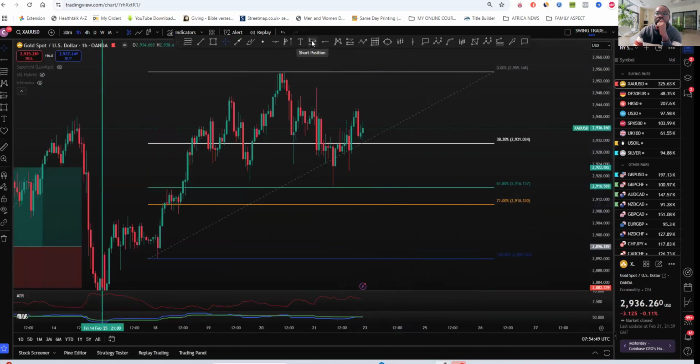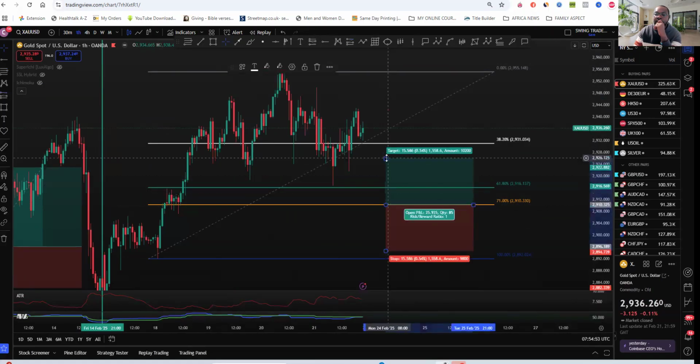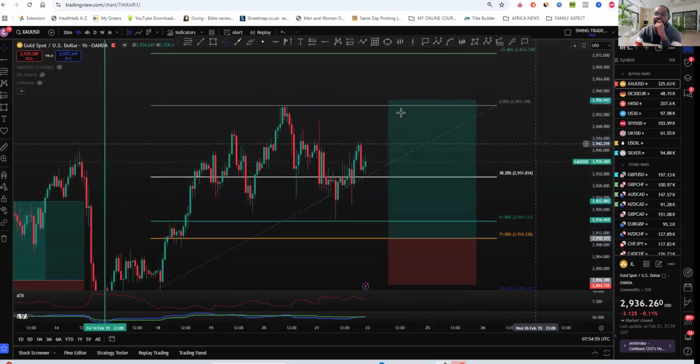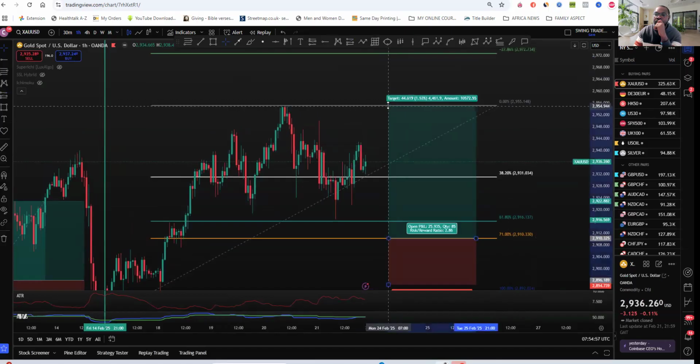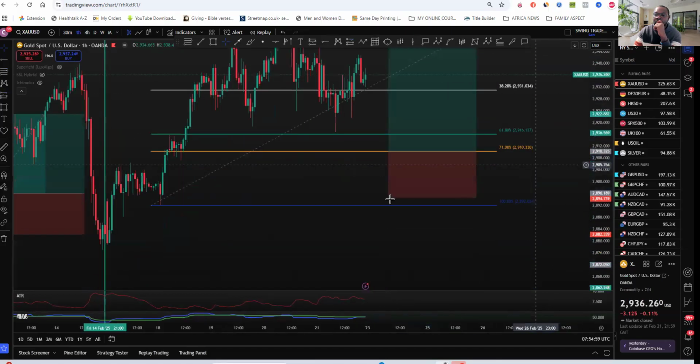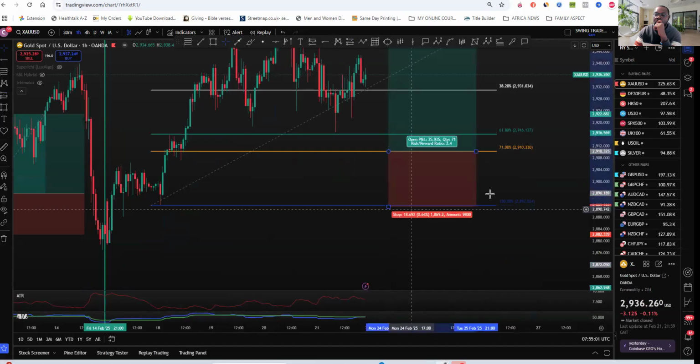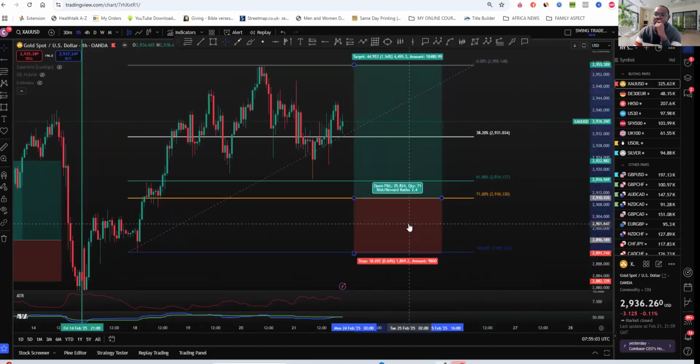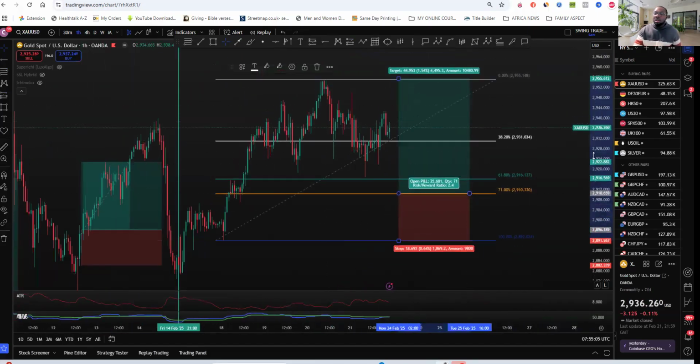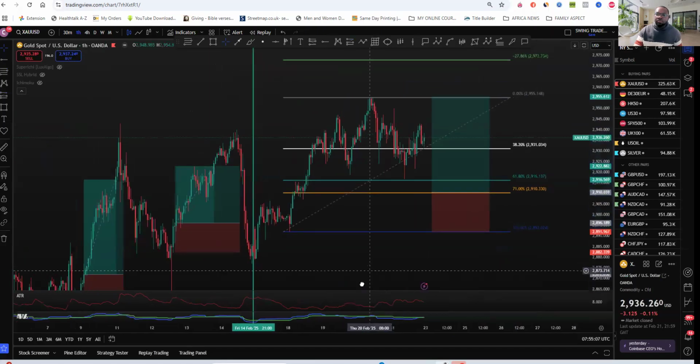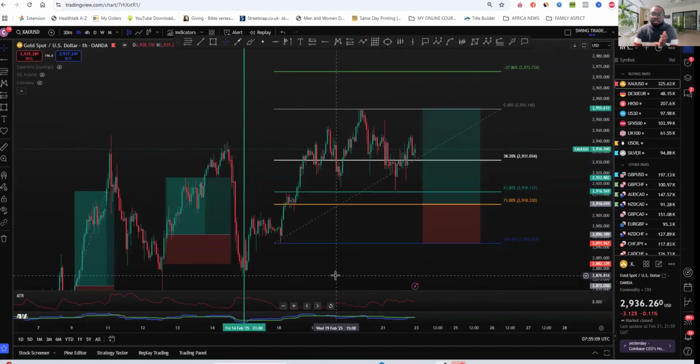So for gold, I'm going to be longing around here and targeting this high. So this is what I'm looking at for gold, and let's hope we get that trade going.